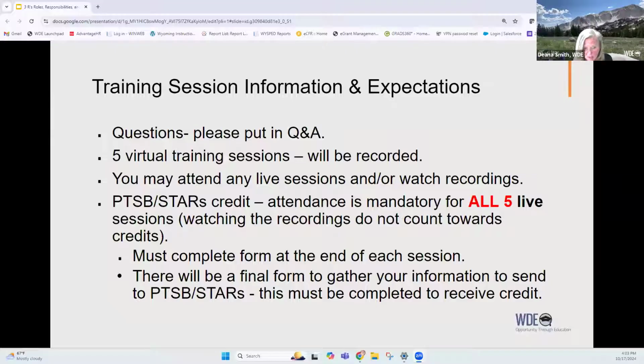All 5 sessions will be recorded. The only time that you have to worry about attending all 5 live sessions is if you want PTSB credit. If you are attending as a group, that's okay. In the last session, there will be some questions for you to answer. If you're not getting the links, make sure you're getting with some colleagues who are, so that you can get the form at the end of each session, because that will be a requirement.